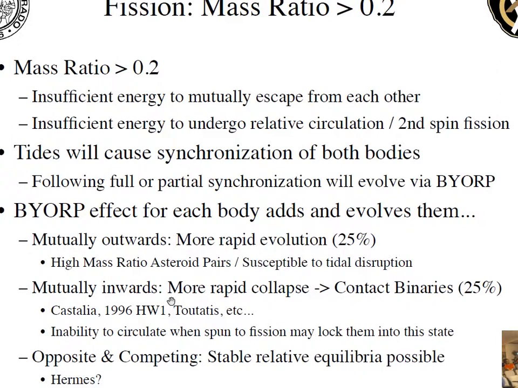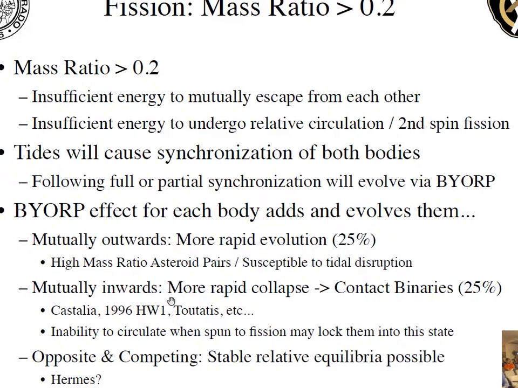Especially when we get towards unity in the mass ratio, there's insufficient energy for the two bodies to even do a complete spin relative to each other. So when they separate, they're locked into a librational motion where they cannot necessarily circulate. You have to have a relatively lower mass ratio in order to get that sort of circulation. And it turns out that that's important too.